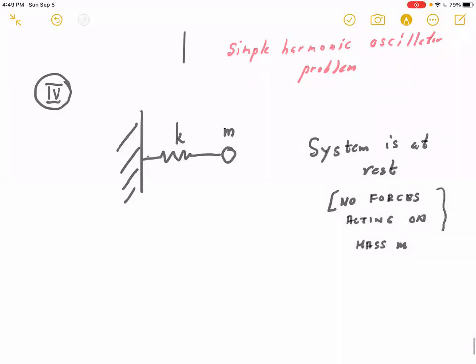There's no gravity here. I'm not pulling on this mass to the right. There's no external force. And there's no restoring force either.